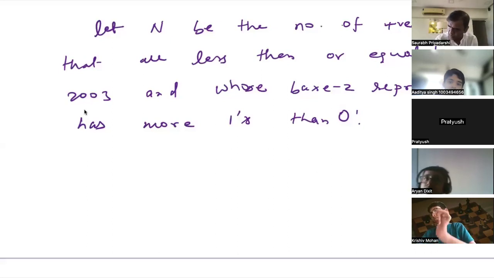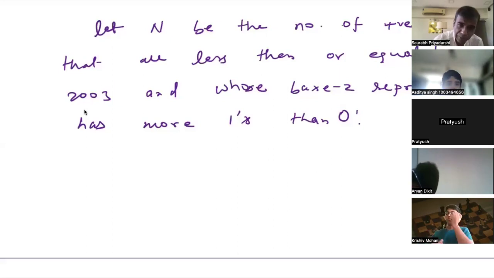And 2047 to 2004 has a total of 44 numbers. Okay, so that we won't be counting, and then we consider all the numbers till 2047 which have more ones than zeros. To find that, I picked one in the 11th place, and then considered all the cases where ones are greater than zeros. Then in the 10th place, and then ones are greater than zeros. And I did this for all the numbers.